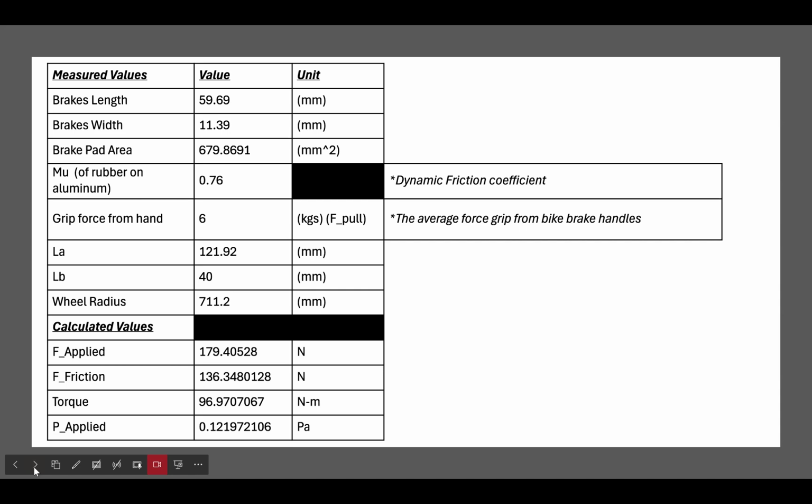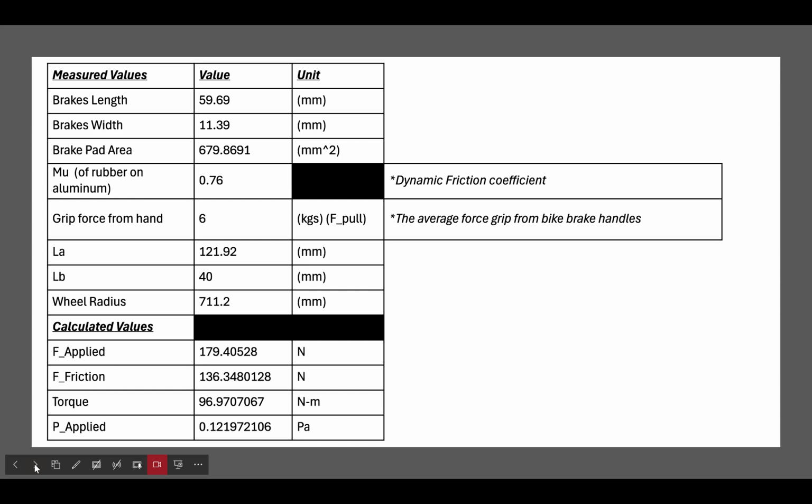And then of course we have the measurements shown before, and from the calculations, the equation I mentioned a few slides ago, the applied force came out to be about 179 newtons, and with the mu applied to it, the force of friction was 136 newtons.